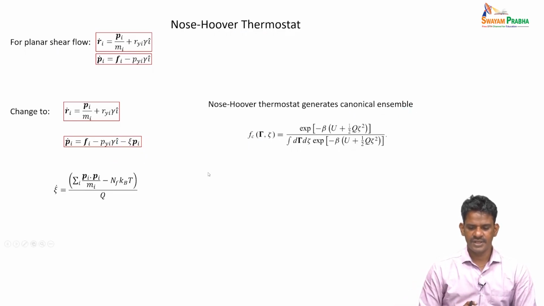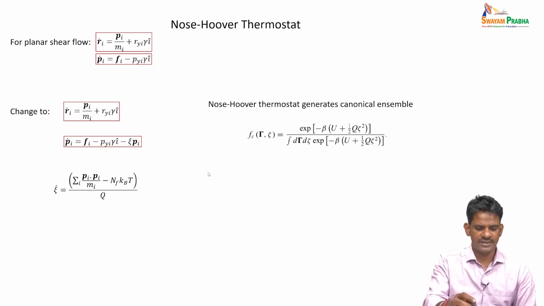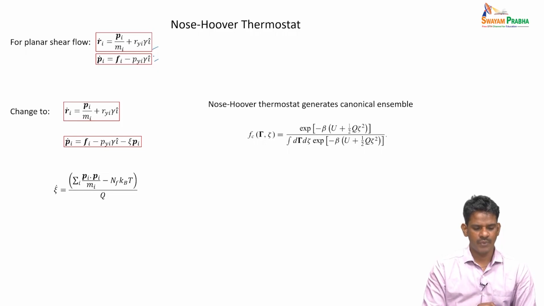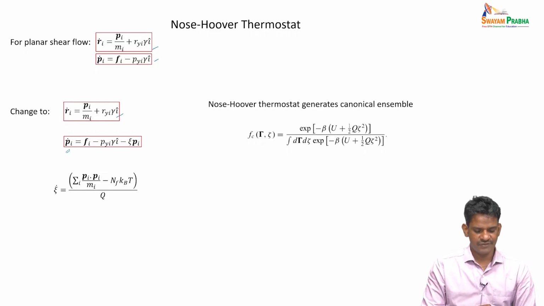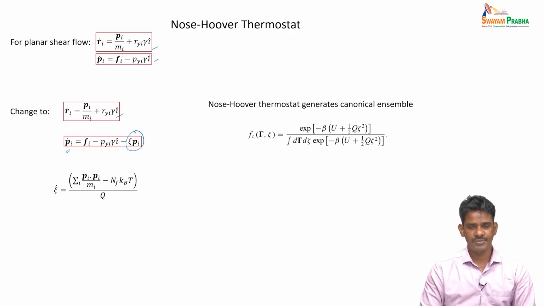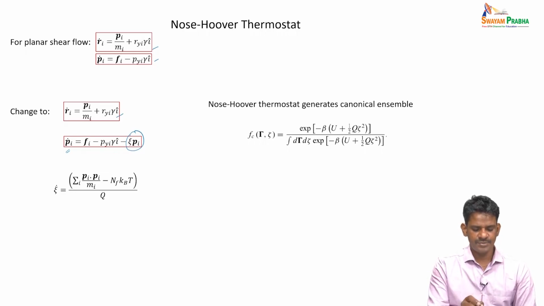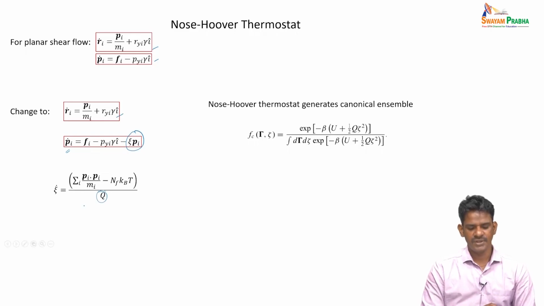The other method is the Nosé-Hoover method. In the Nosé-Hoover method also, this is our equation of motion for the planar shear flow, and we do not do anything for the velocity, but for the rate of change of momentum part, we add an effective dissipative term. This dissipative term again depends on the difference between the imposed temperature and the instantaneous temperature, with a constant q, which is a user-defined control parameter.